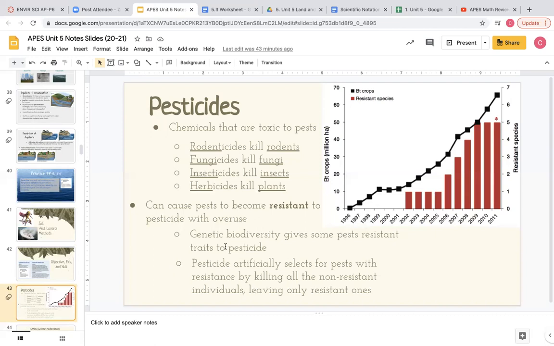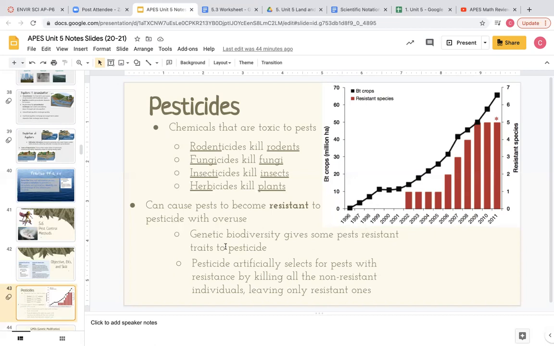And so pesticides artificially select for pests with resistance by killing all of the non-resistant individuals and leaving only the resistant ones. So if you're constantly using Roundup in your yard, it's working good for a while, but you do have some weeds that Roundup won't kill. And so those weeds are resistant to the pesticide.